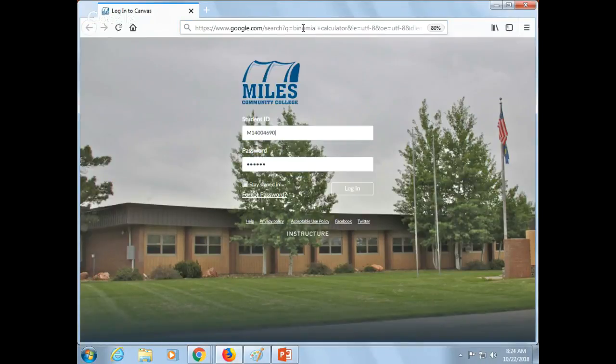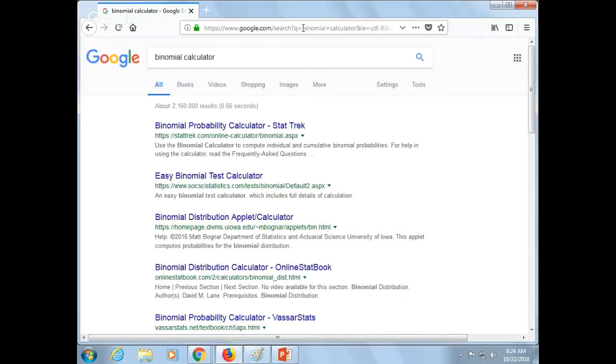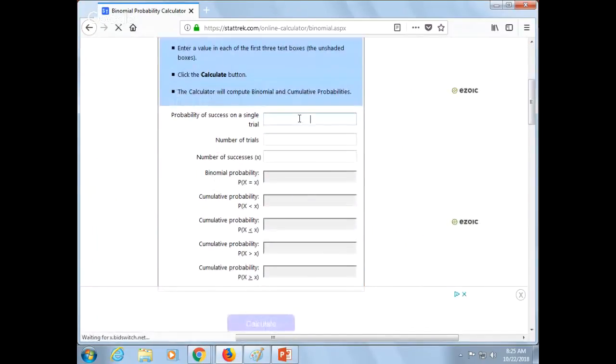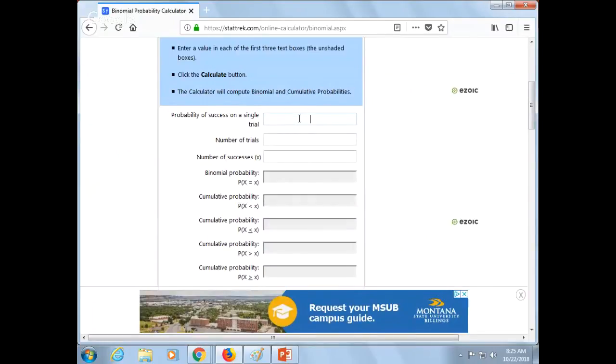When I look for binomial calculator, it takes me to a place, among others, StatTrak. Okay, there's several of these options here. I'm just going to go right to the one called StatTrak, which is a whole series of different things, not just the binomial calculator, a resource on learning statistics.